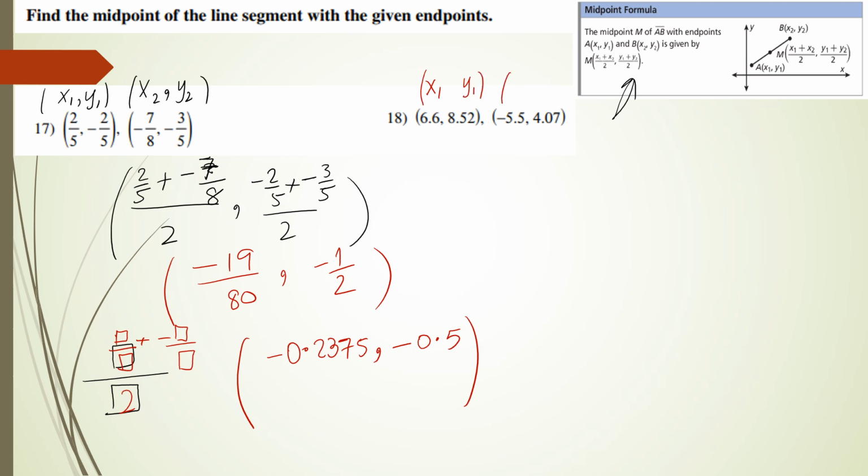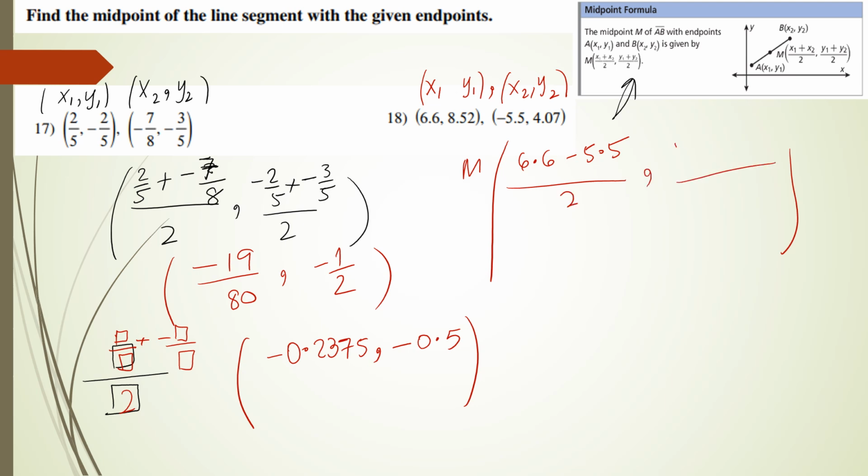Okay, so x1 and y1 are 6.6 and 8.52, and x2 and y2 are negative 5.5 and 4.07. Now write the formula and solve it. Take the average of the x coordinate and then the y coordinate. Okay, so x1 is 6.6 minus, x2 is negative 5.5, and then divide by 2.